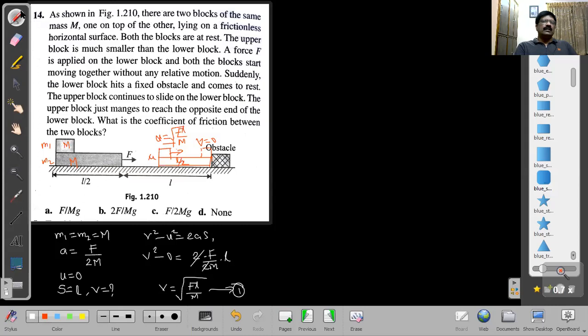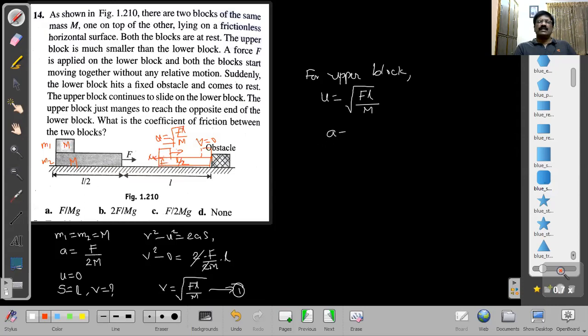Okay, that's why here in case of this upper block, the initial velocity, before it starts sliding, is equal to root FL by M. Next, acceleration: here the friction between these two only, because whenever this block starts slipping, friction acts on the upper block in the opposite direction.